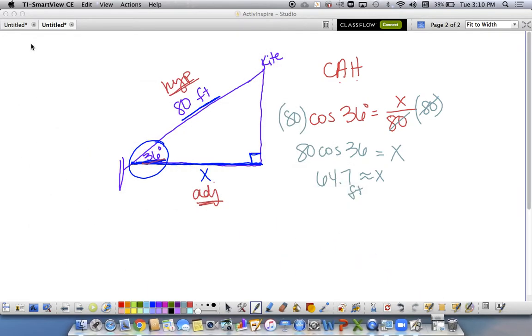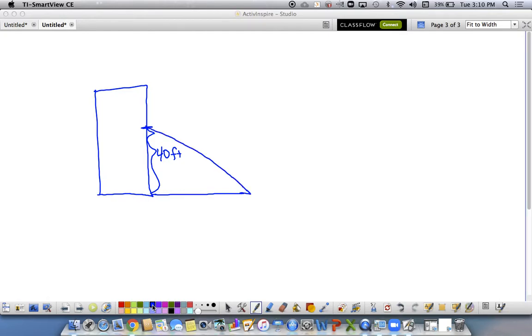I'm going to move that down. I have a building. And I know that part of this building, we're going to draw the building here, there's a balcony that somebody is standing on about on the 4th floor. And we know the 4th floor here is going to be 40 feet tall. And there's a person standing off on the way.